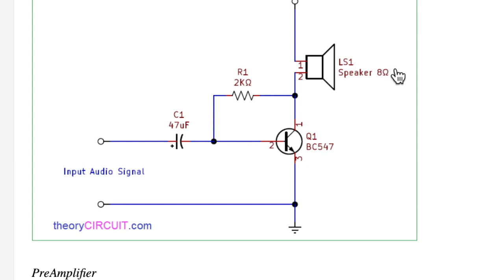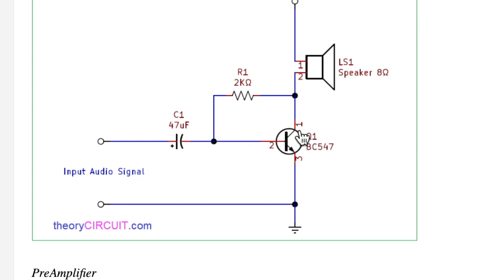I don't think these values matter. I think it'll work on 5 volts, whatever ohm speaker you've got. And here you see this little arrow pointing out an NPN transistor, BC547. I think any NPN transistor would probably work, but we'll see if we can find a BC547 transistor.